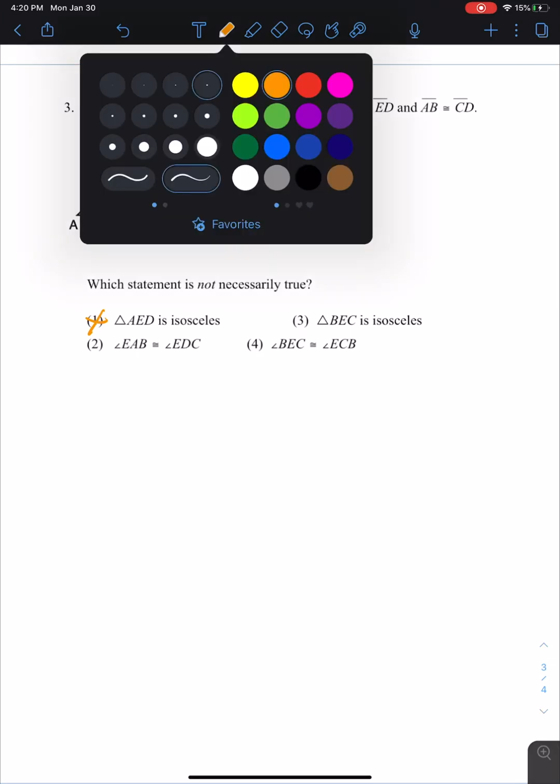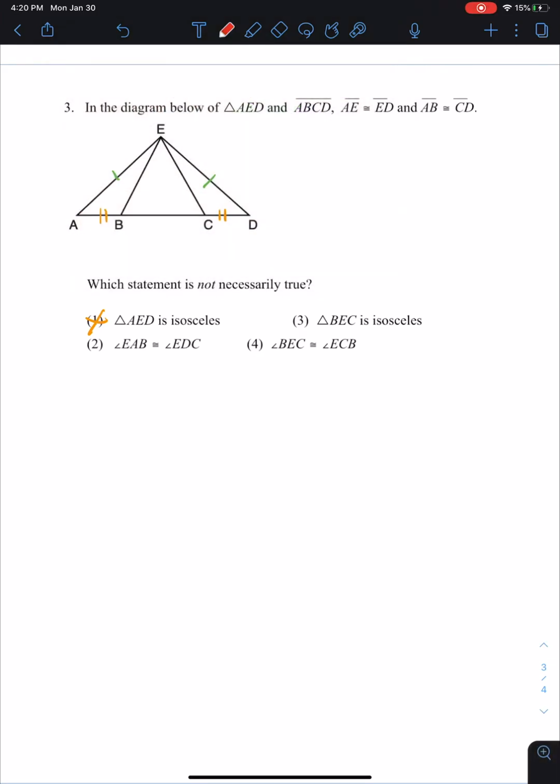Option 2, angle EAB, this angle here, is congruent to angle EDC. We know this is true because, again, we can see that triangle AED is an isosceles triangle.